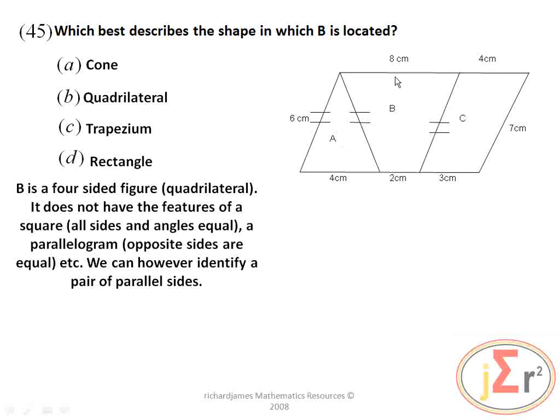Notice here that we have these opposite sides, and of course they are not equal in length, and these are definitely not parallel. We can, however, identify a pair of parallel sides. Of course, these sides are parallel.